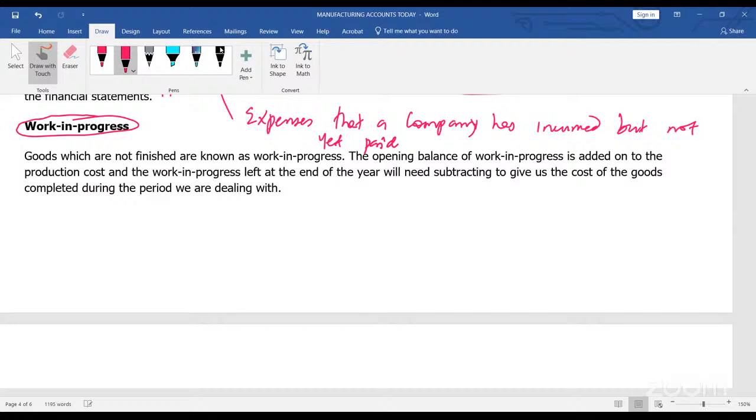So you need to know how to deal with the closing work in progress. Those goods are partly completed and still undergoing the manufacturing process. The opening inventory of the work in progress is added to the production costs. Then the closing work in progress is deducted, to give us a figure for the cost of goods that have been completed during the period. That is work in progress.